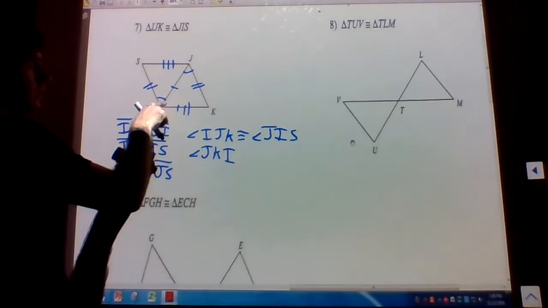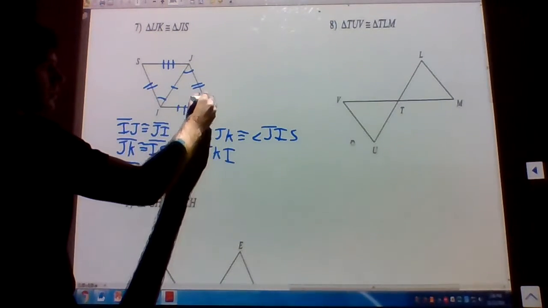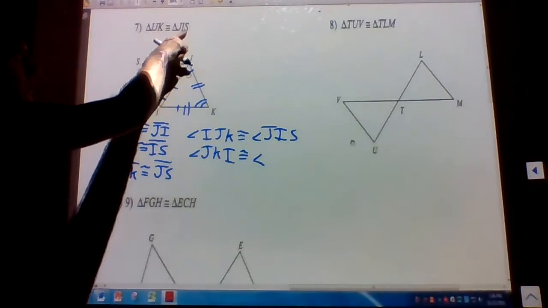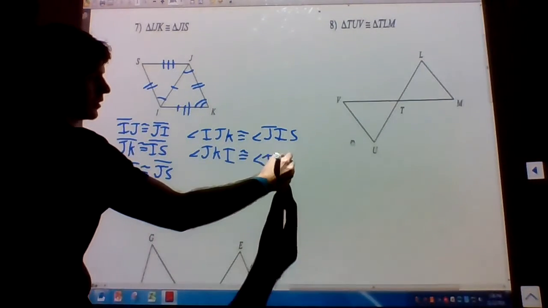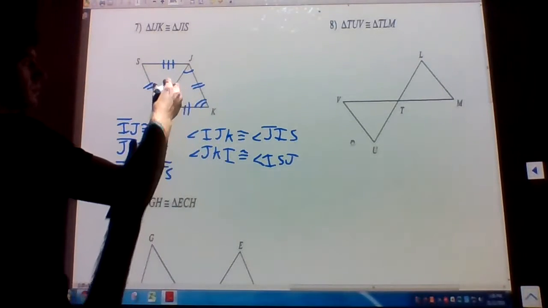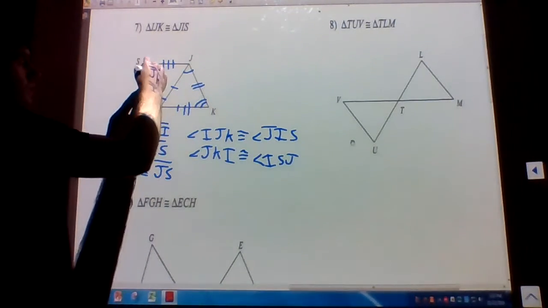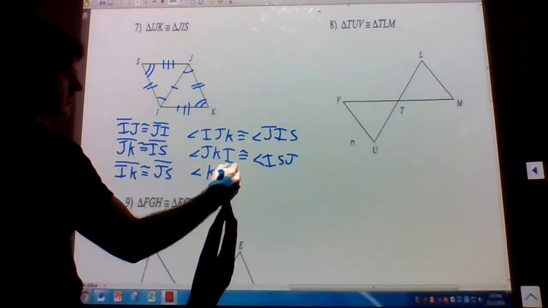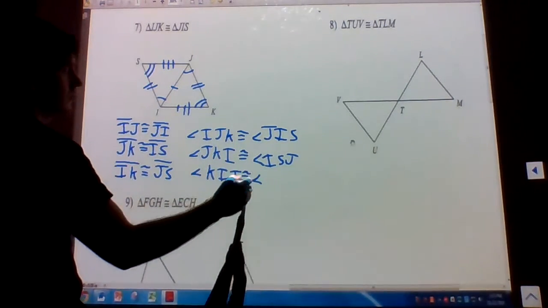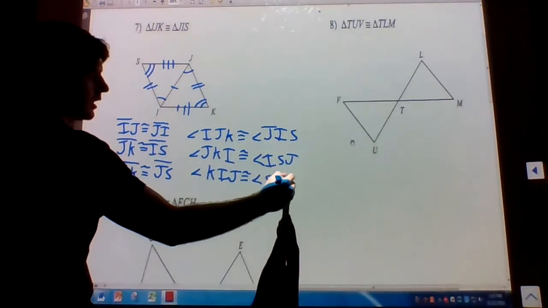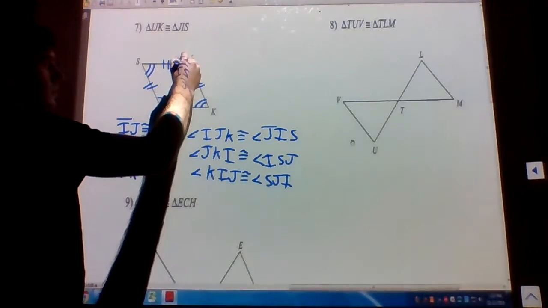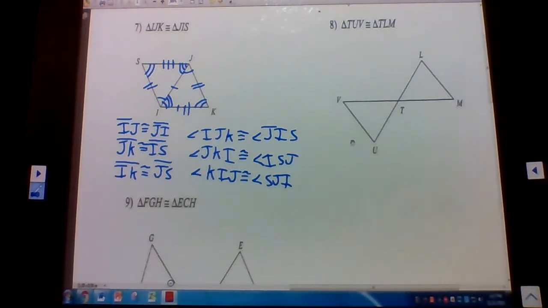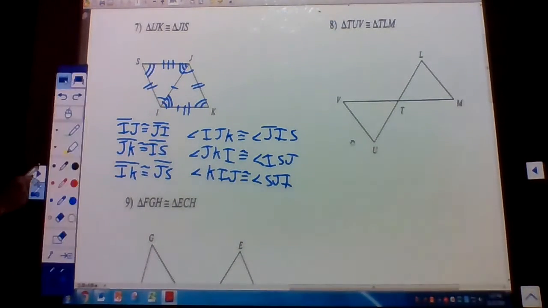So angle JKI is going to be congruent with angle ISJ, and then we can go one more down. Angle KIJ is congruent with angle SJI. We have 2 pairs of congruent angles, 2 pairs of congruent sides.